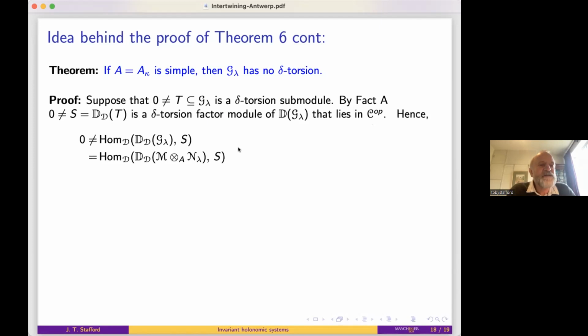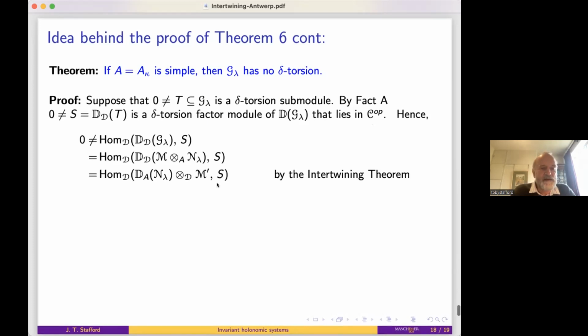Tautologically, that just says I've got a non-zero homomorphism from the dual of G lambda to S. Again, I break G lambda up as M tensor N lambda, and then I apply this intertwining theorem. I break that up further to the dual of N lambda tensor M prime.